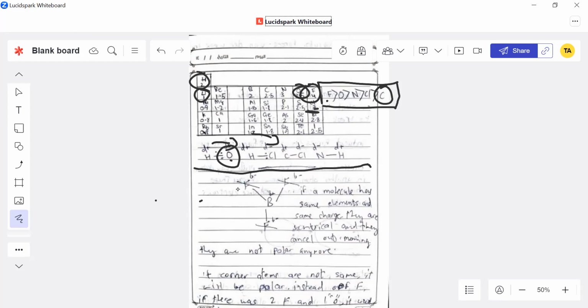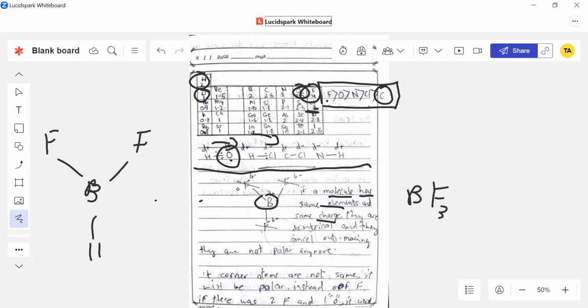Now, when do you have a non-polar molecule? Let's say you have BF3. In BF3, the molecule has the same outer elements and the same charge. So I have boron bonded to 3 fluorine atoms. In this case, they are symmetrical. So you can see when I form the line of symmetry, this is a symmetrical molecule.